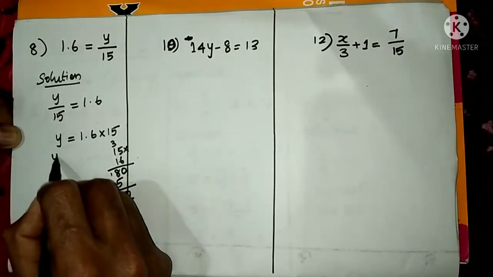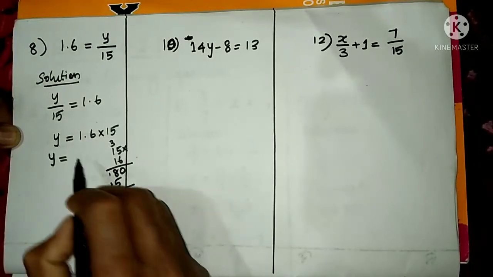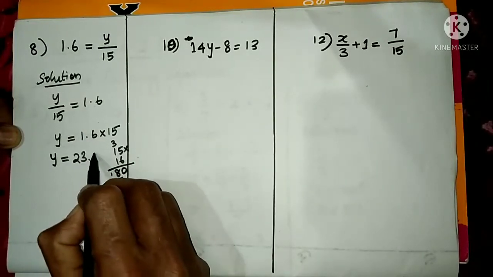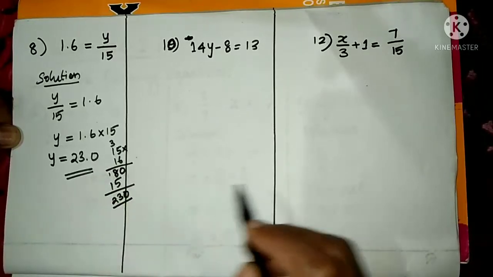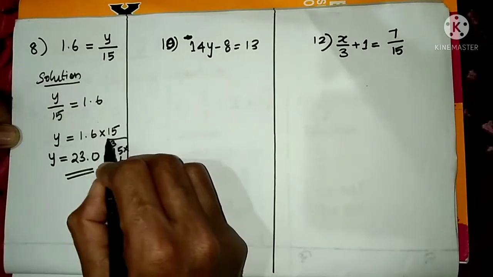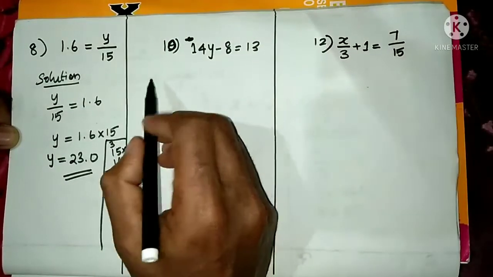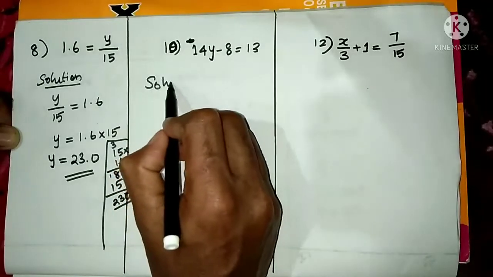That we write here. So when we place a decimal point, we get 23.0. That's the answer of this one. So I have done this calculation here. Next, we move on to the next question, question number 10.